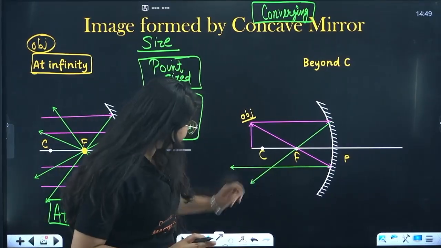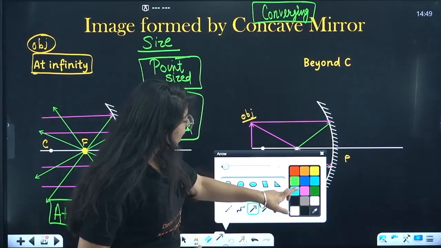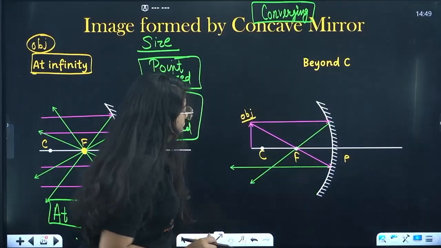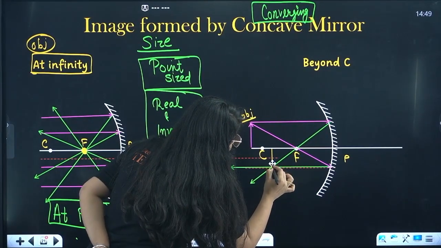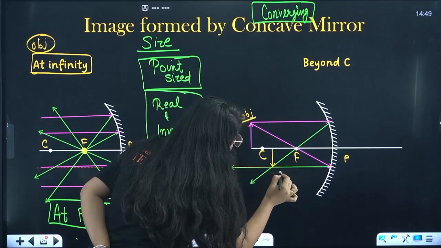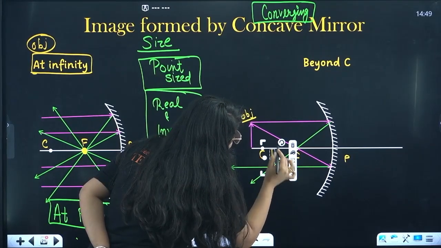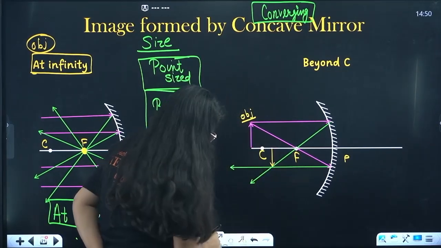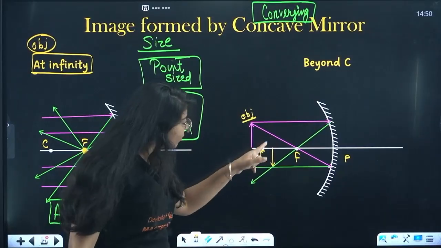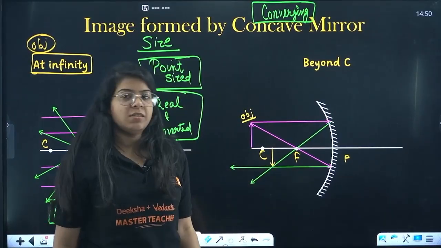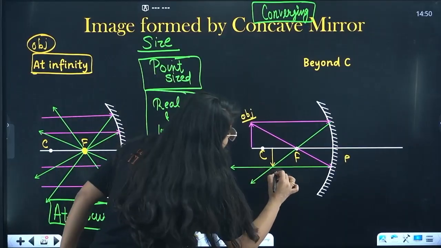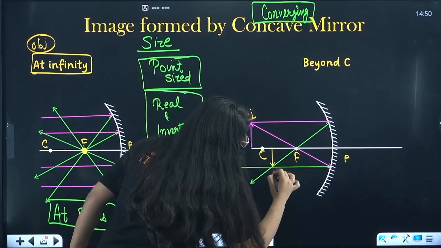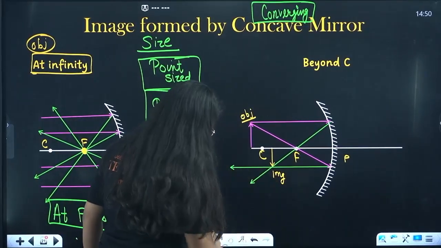Now the point where these are meeting is our image. So this beta is your image, and the image is between C and F, between center of curvature and focus. So when the object is beyond C, your image is between C and F.